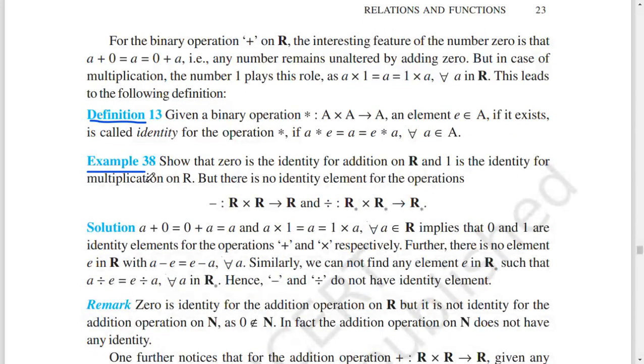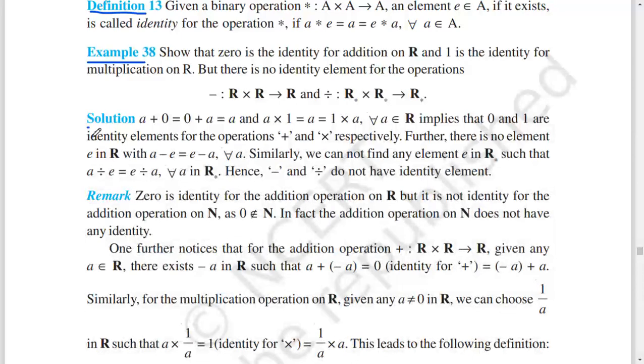Example 38. Show that 0 is the identity for addition on R and 1 is the identity for multiplication on R, but there is no identity element for the operations minus: R × R → R and divide: R × R → R. Solution: a + 0 = 0 + a = a × 1 = a = 1 × a for all a belonging to R implies that 0 and 1 are identity elements for the operations plus and cross respectively.